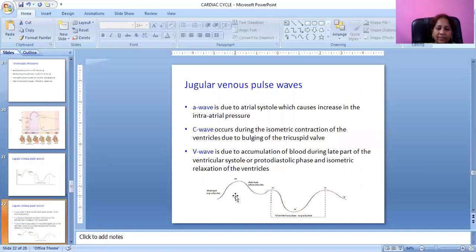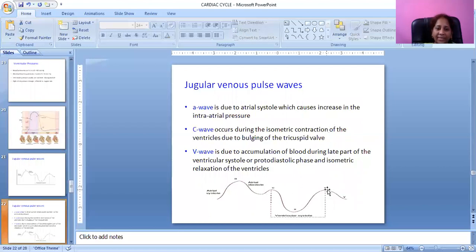In this, we can see A, C, V, X, Y. A wave is due to atrial systole, which causes increase in the intra-atrial pressure. C wave occurs during the isovolumetric contraction of the ventricles due to bulging of tricuspid valve.